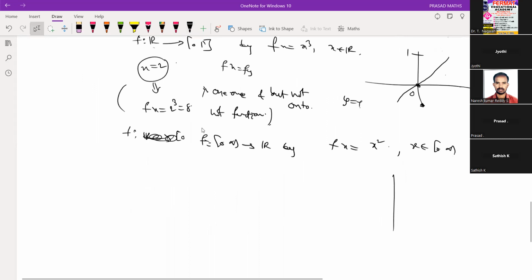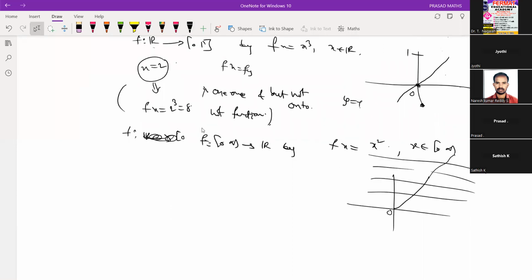So therefore, what is this? This image 0 going on, drawing a line, definitely it meets the given curve at exactly one point, therefore it is one-one. So clearly not onto, by taking a negative line. But not onto, there is no preimage, right?